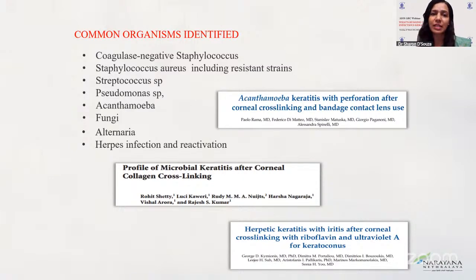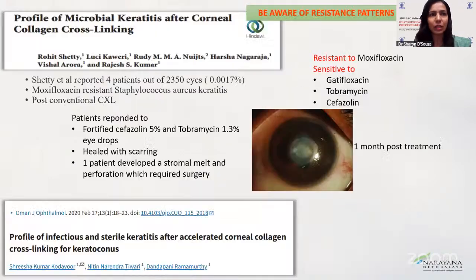So both the coagulase negative staph and Staph aureus, including resistant strains, and I'll show you a few cases of that. Streptococcus, you can get Pseudomonas, and of course, you can get all the infections. So acanthamoeba, fungi, even herpes reactivation is known to happen post cross-linking, and we do need to pick up these cases and treat them early.